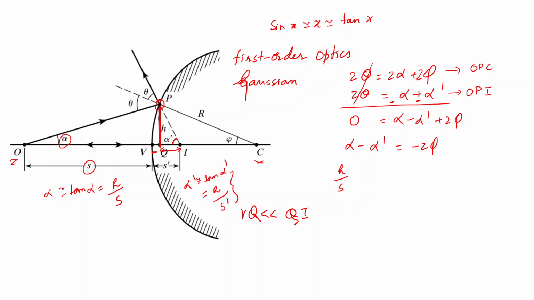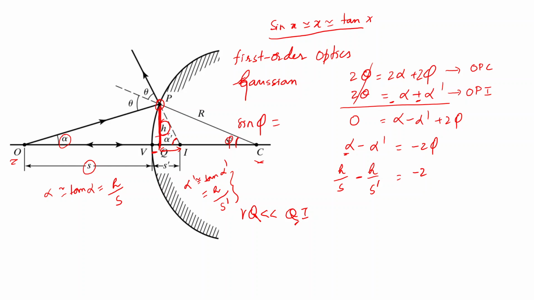Anyway, coming back, alpha is equal to H by S, and alpha prime is H by S prime. Similarly, I can look at angle phi. Sine x is equal to tan x for small angles, so I'm looking at the sine of phi.